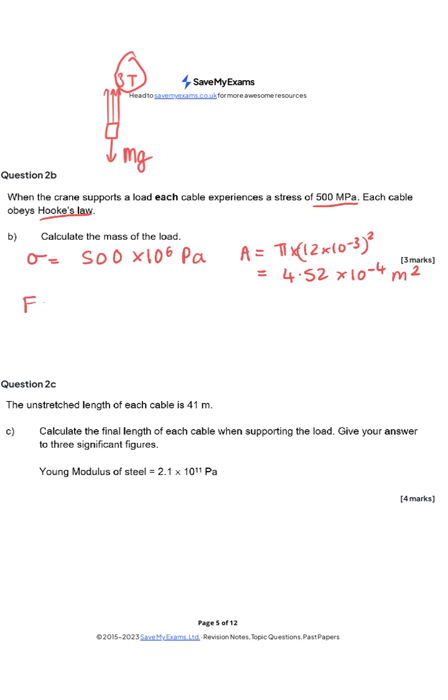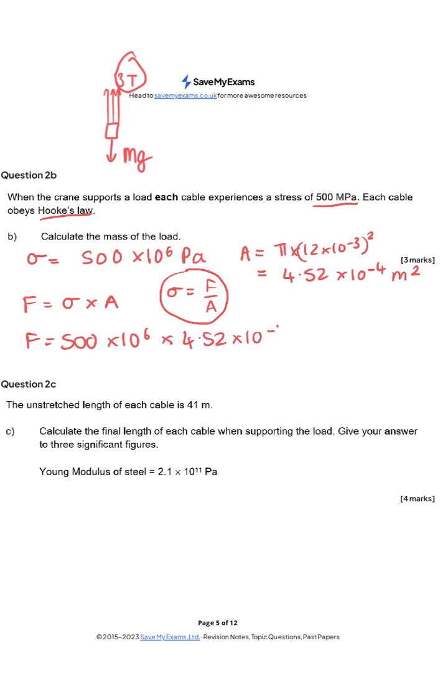So the force in each of those wires is going to be equal to the stress times the area. I've rearranged that from stress is equal to force divided by area. That's where that came from. So what I can do is the force times the area, so 500 times 10 to the 6 times 4.52 times 10 to the power of negative 4, I get 226,000 newtons.